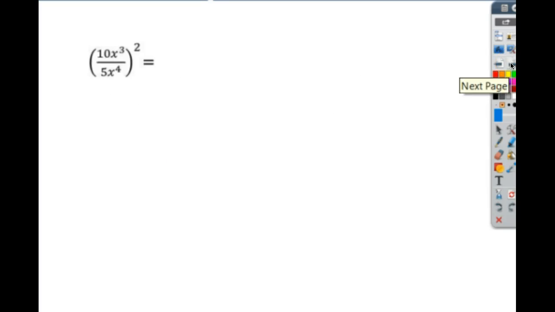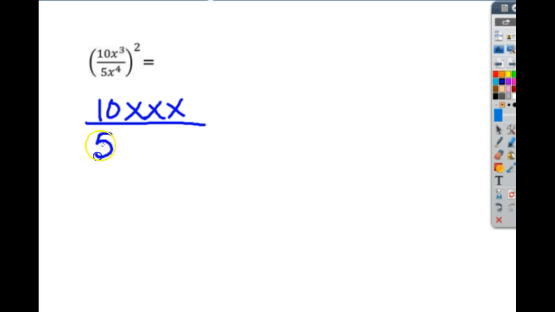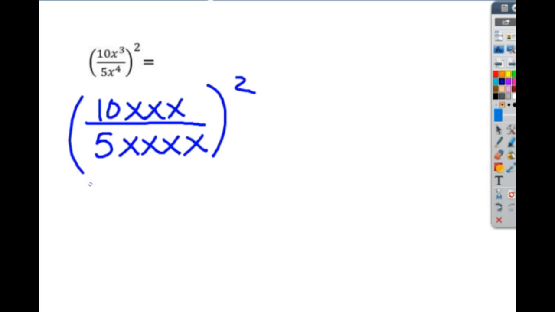Now, in order to save myself a little bit of writing, I'm going to simplify this part inside here first, and then I'm going to square it. So what's 10 divided by 5? And that 2 would be up there.